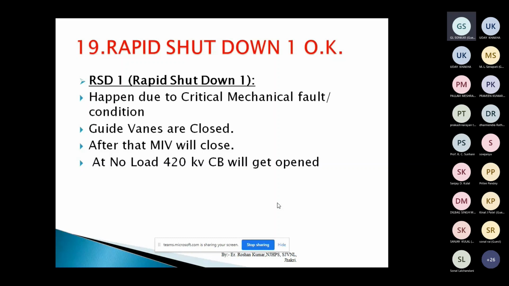After that, your MIV will be closed, and last, at no load condition, your 400 kV, 420 kV circuit breaker will be opened. These are the cyclic sequences of RSG1. Suppose on RSG1 command, any mechanical fault happens. What will happen? RSG will be blinking. RSG blinking means a fast signal goes to the guide vane, it should be closed. Then the MIV will close. Then at the last, the breaker will be opened.